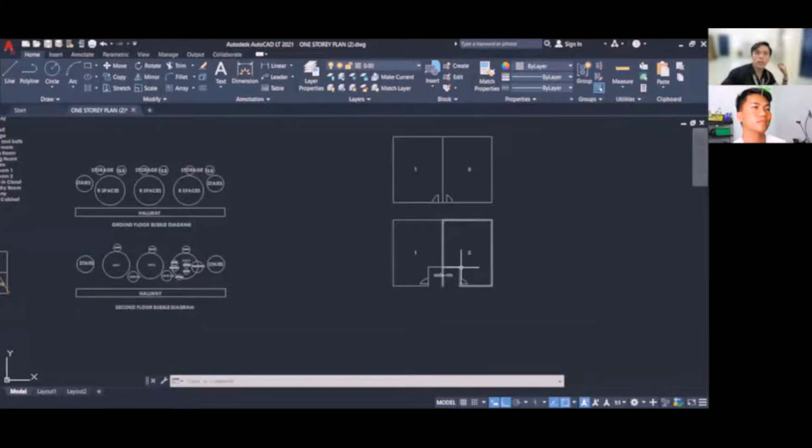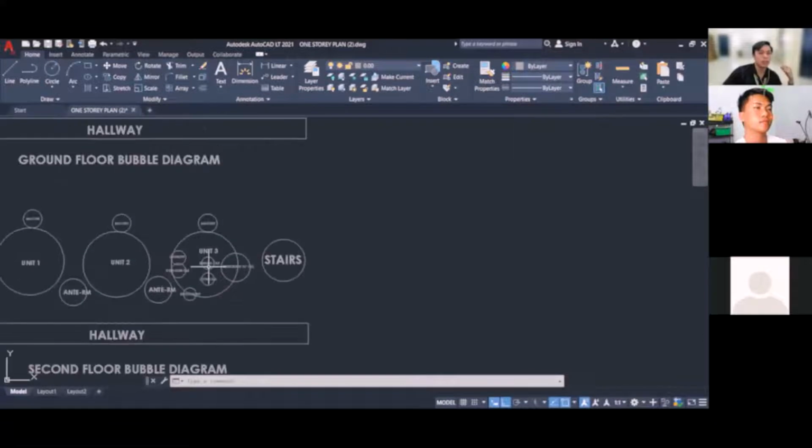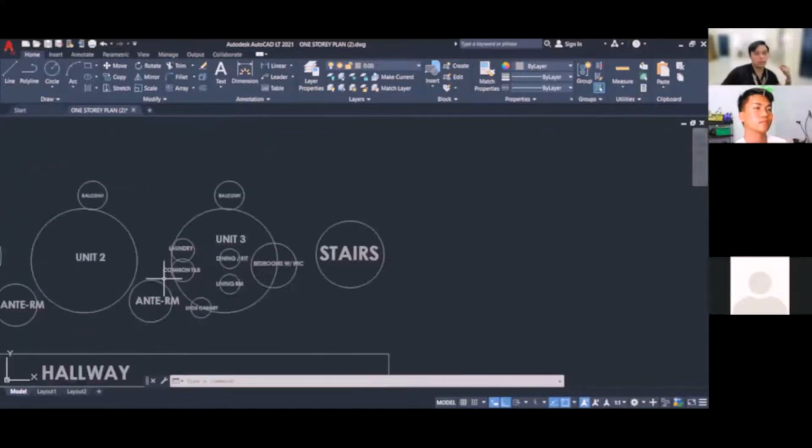Should be another space like foyer. Foyer kasi usually ginagamit naman siya sa mga residential din eh. Pero usually kapag ganun, lalagyan lang naman natin siya ng parang privacy eh. So no need to put anteroom on a stair like yun.